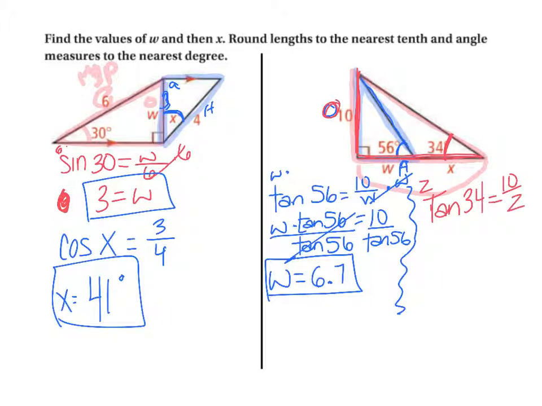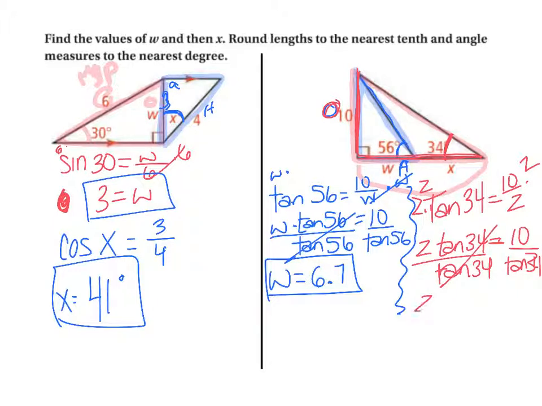I'm going to write it 10 over Z. Multiply by Z. Z times the tangent of 34 equals 10. Divide by the tangent of 34. Z is going to equal 10 divided by tangent 34.